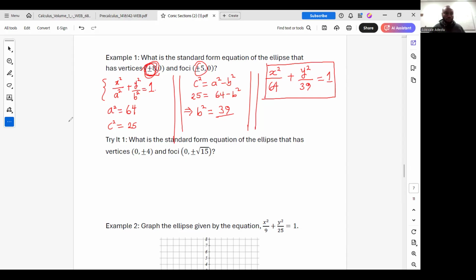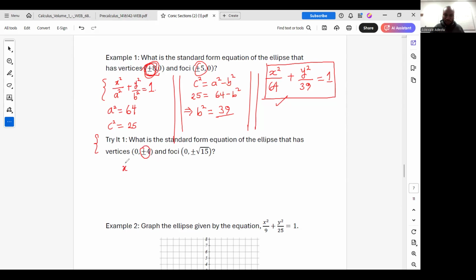Okay, moving on. You can pause this video and solve this. In the end, you should be able to write something of this form. But take note, your vertices are along y.